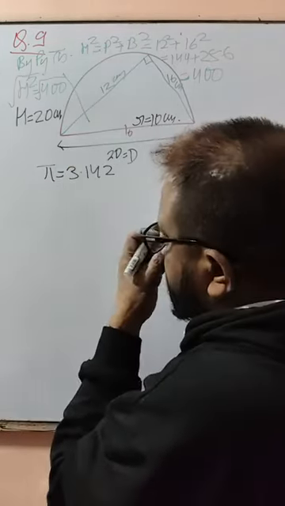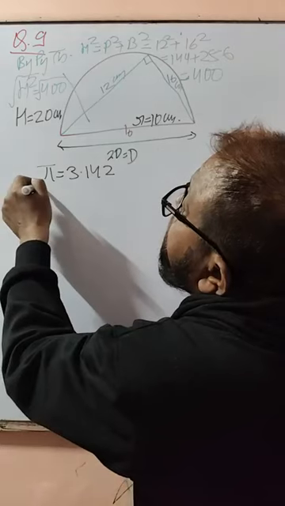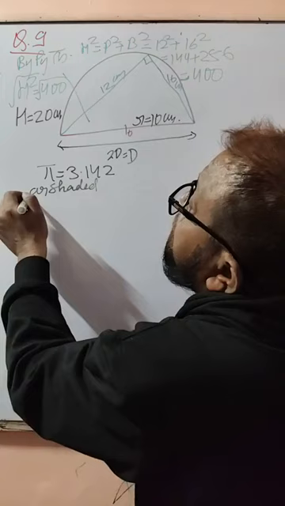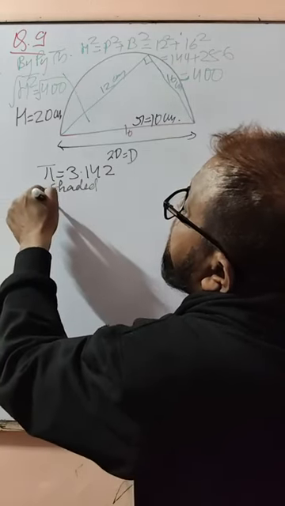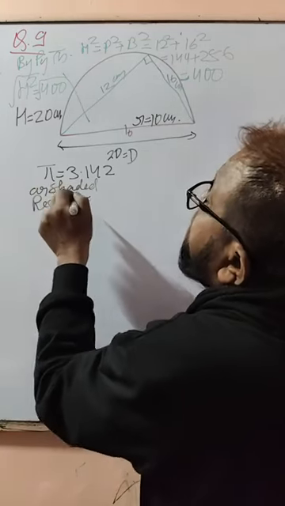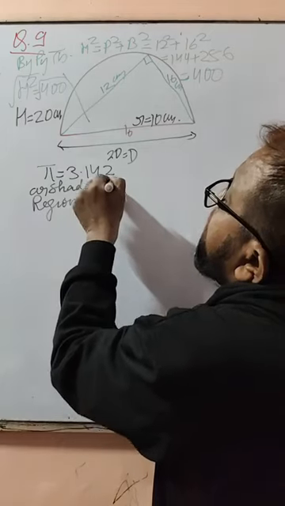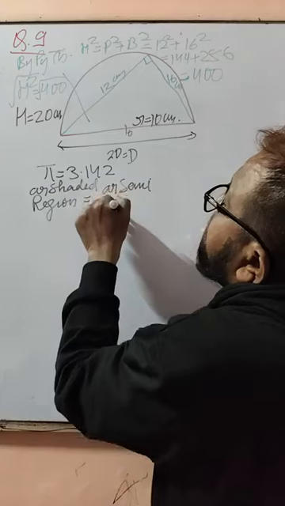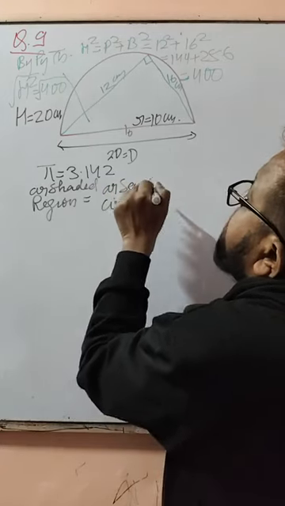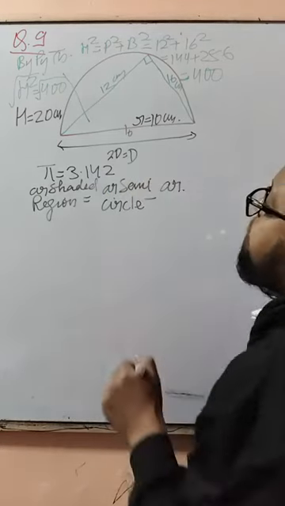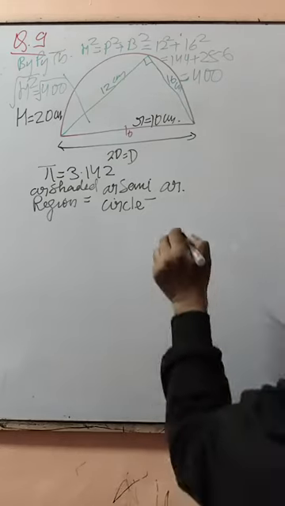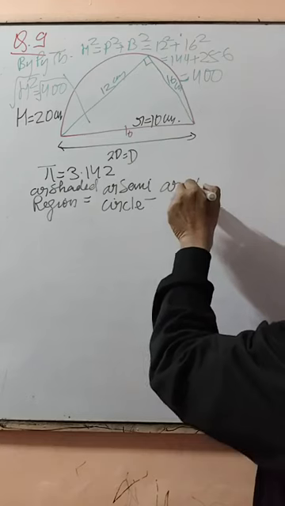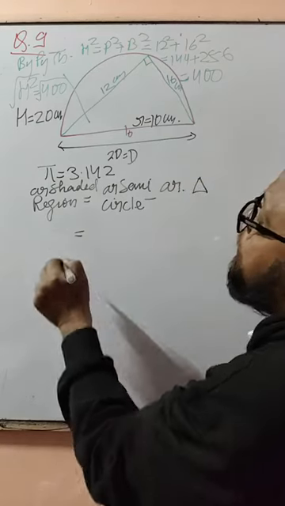So area of shaded region is equal to area of semicircle minus area of triangle.